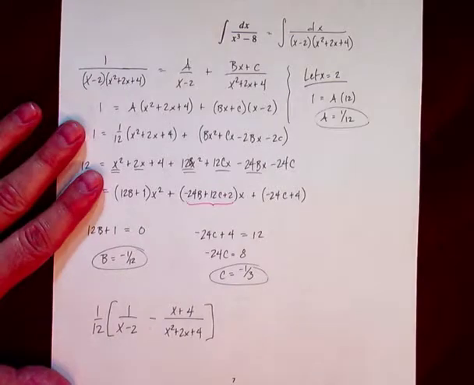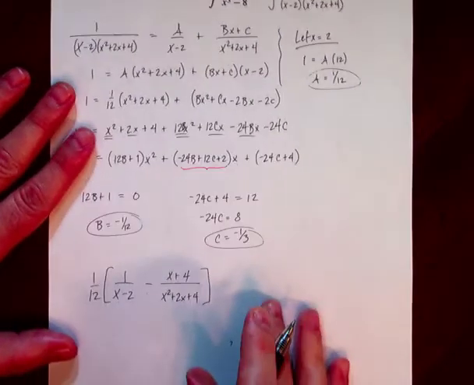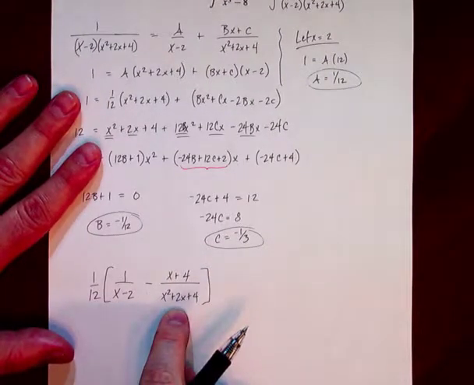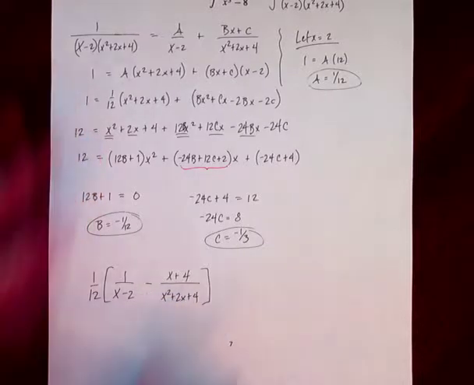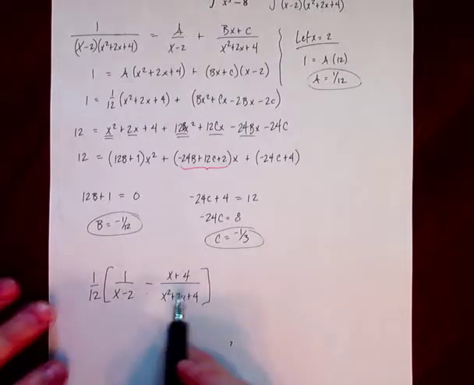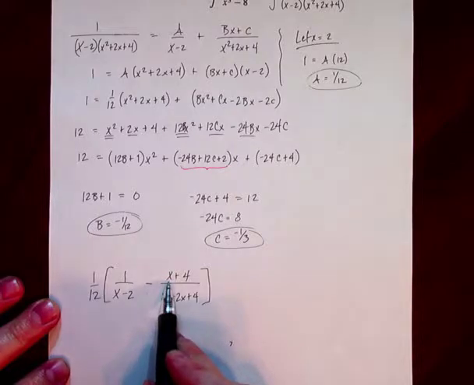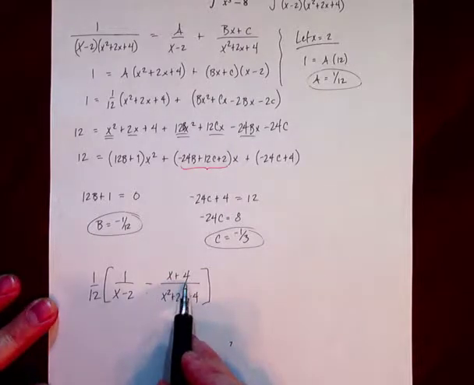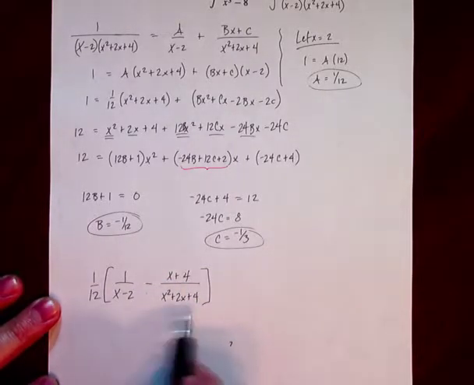Now, the problem is when I plop this into an integral, in order for the numerator to be the derivative of the denominator, what I need is more than x, but I need less than x plus 4, because the derivative down here is 2x plus 2.